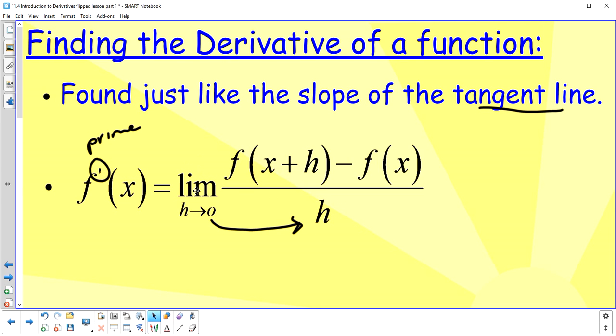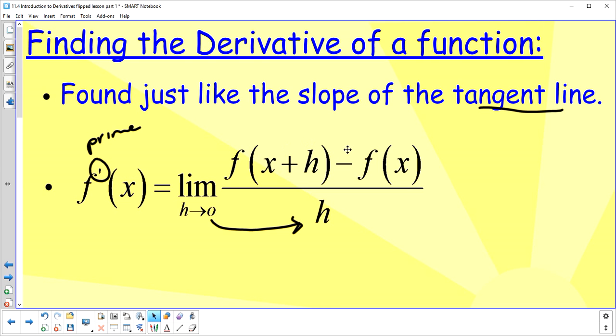And so what finding our derivative does by doing this x plus h, and we'll explain this a little bit more in the next video too when we talk about secant and tangent lines, but essentially as h approaches 0, these 2 points are getting closer and closer together, meaning the distance between the 2 points is becoming infinitesimal, or virtually nothing. There is no difference. So we're trying to figure out what happens when these 2 points become the same point, more or less.